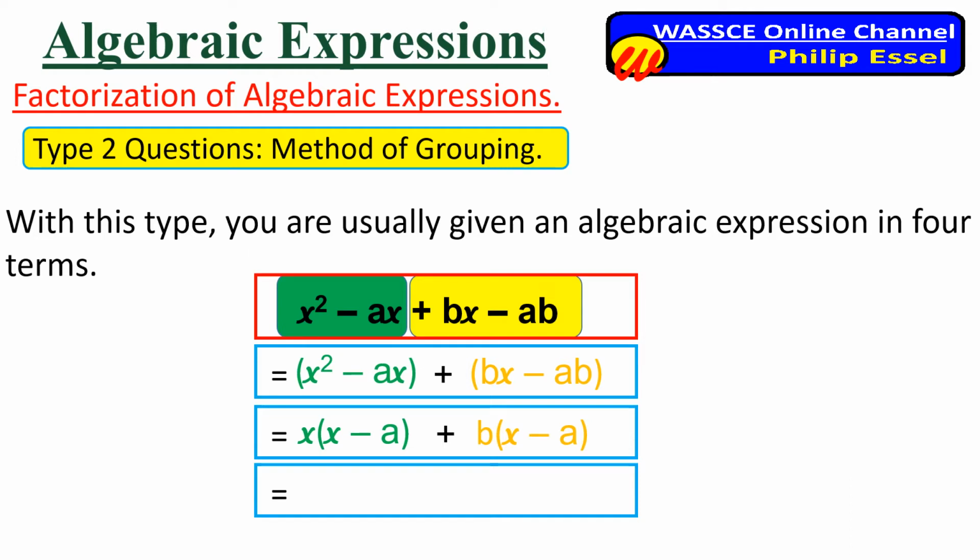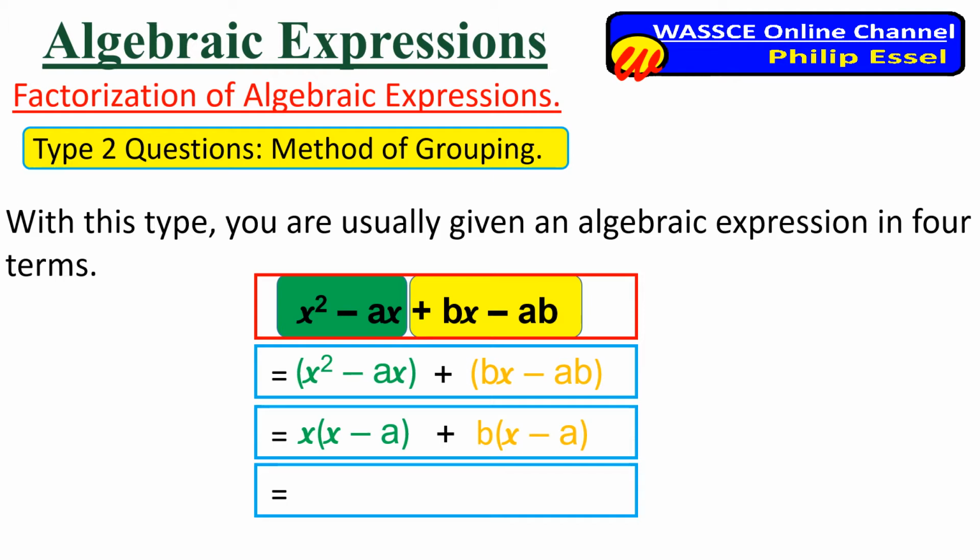You would also realize that the first term, the green term, has the factor x minus a in brackets, and the second term, the yellow term, also has the same factor x minus a. So it means that the green and the yellow terms have the same factor x minus a. All of them are in brackets.